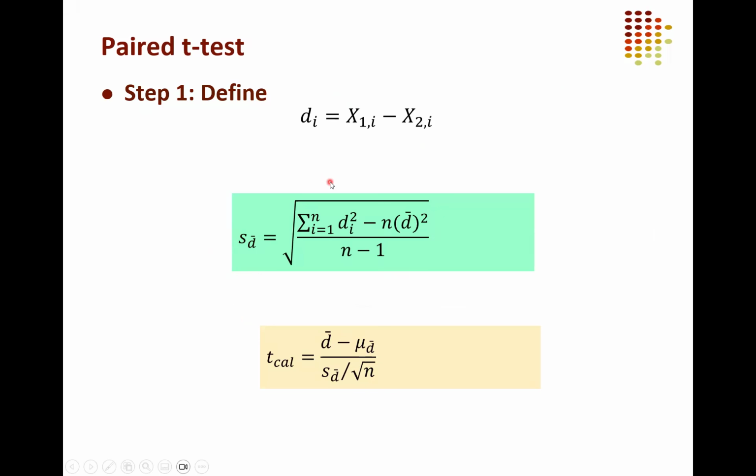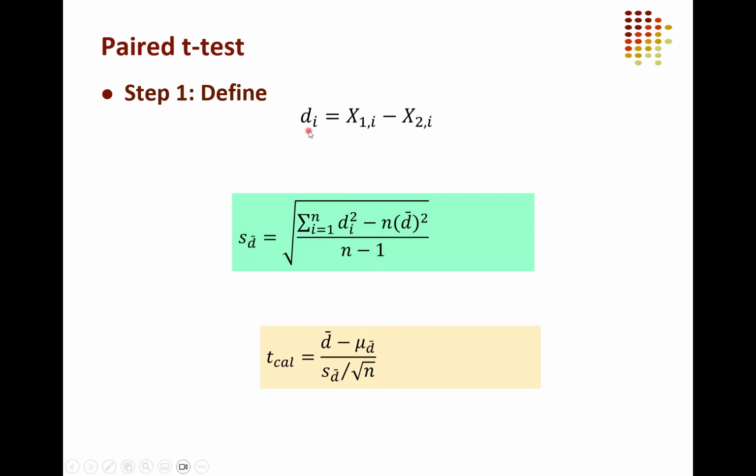In this case, we can define the difference variable on the basis of individual values from two different samples, because every time we have one measurement for x1 set and one measurement for x2 set.